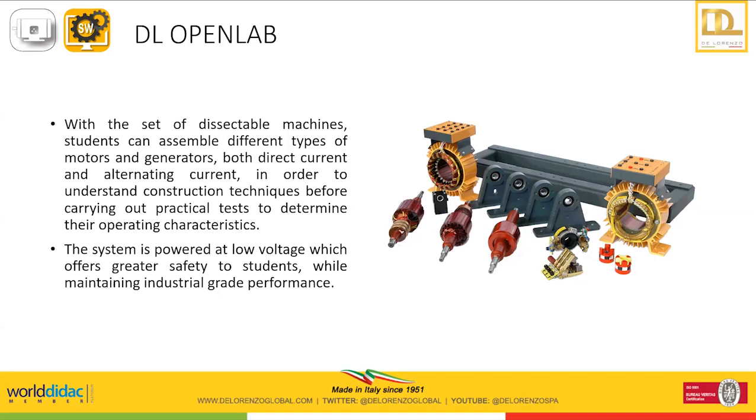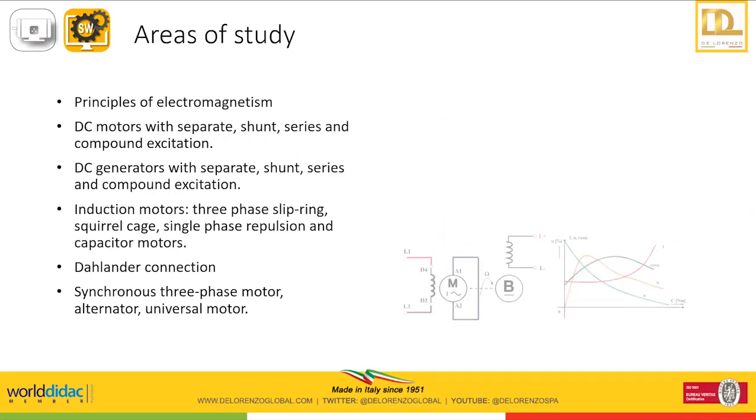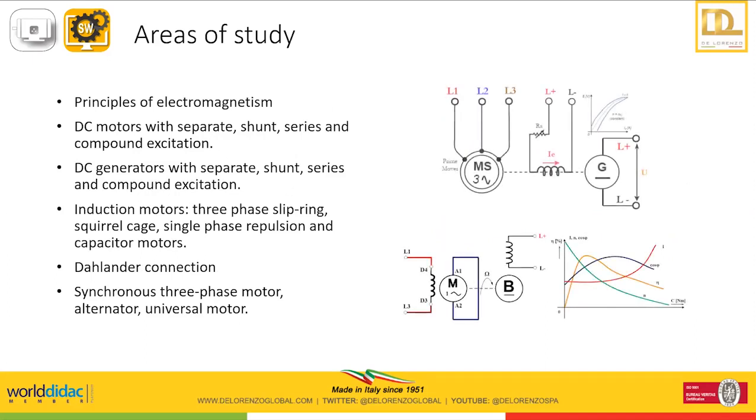So the main basic unit can be assembled and disassembled very easily, and the whole system allows performing a large number of experiments for both motors and generators. It is supplied at low voltage in order to prevent risk of accidents. The areas of study: this system covers all the areas of study of electrical machines.